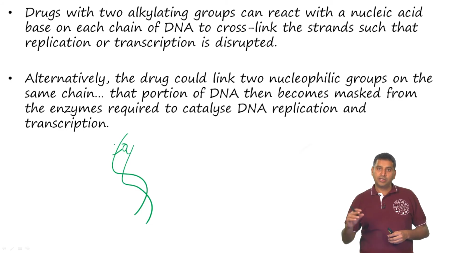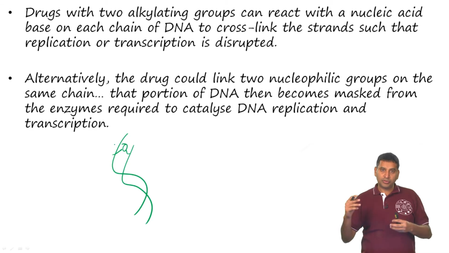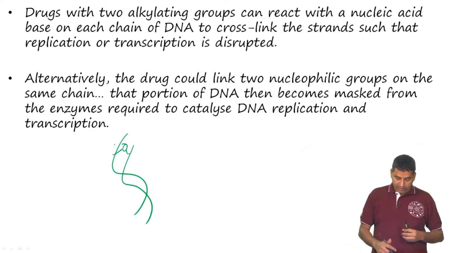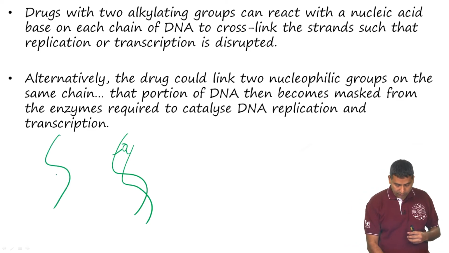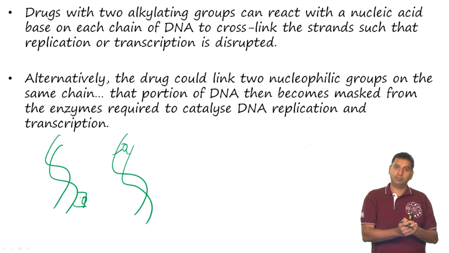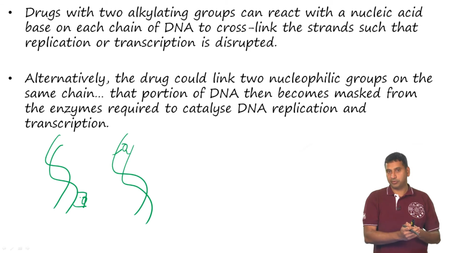Alternatively, the drug could link to two nucleophilic groups on the same chain, so that the portion of DNA then becomes masked from the enzymes required to catalyze the DNA replication. So, what could happen is you have a DNA strand here. It alkylates here and then it alkylates here, and then that particular portion of the DNA does not participate in replication or transcription.